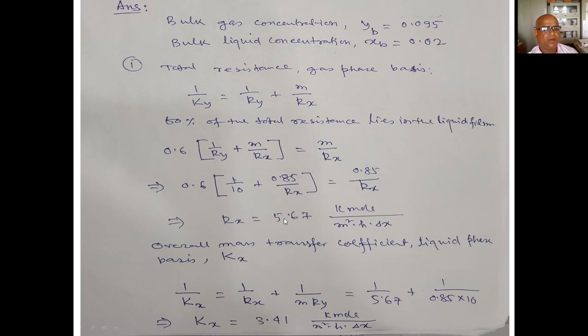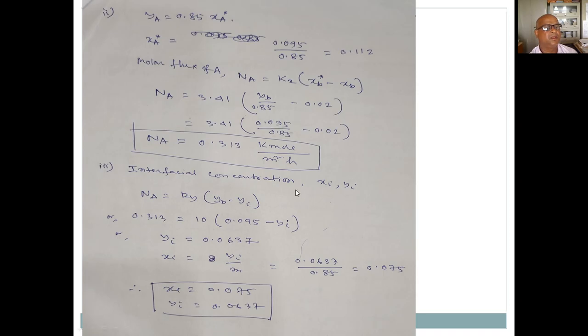Now 1 by K_x equal to 1 by 5.67 plus 1.85 by 10, and this results in K_x equal to 3.41 kilomole per meter square. Okay. Now we have to calculate the flux. So how will we calculate the flux?